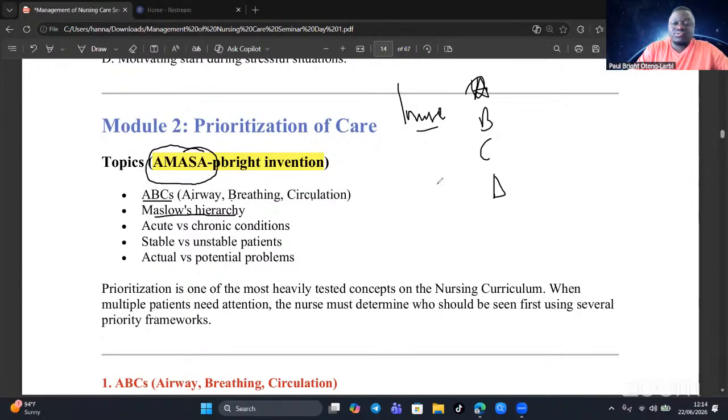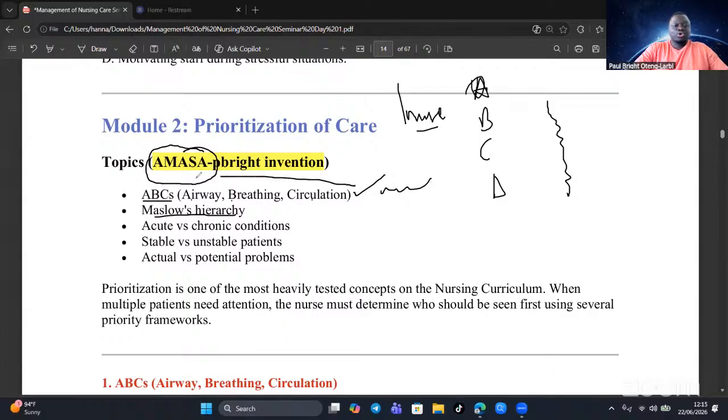Sometimes they can give you different patients, but they will focus, if they want to be lenient with you, if the computer, whatever, CBT and OET, whatever, wants to be lenient on you, it will choose only one bundle and ask you to prioritize as a nurse manager and use the little resource to manage that patient.